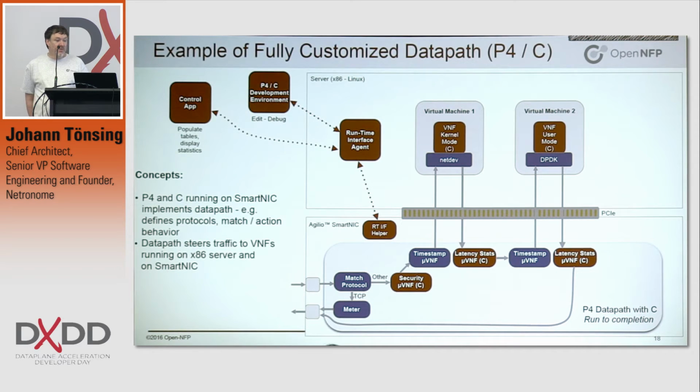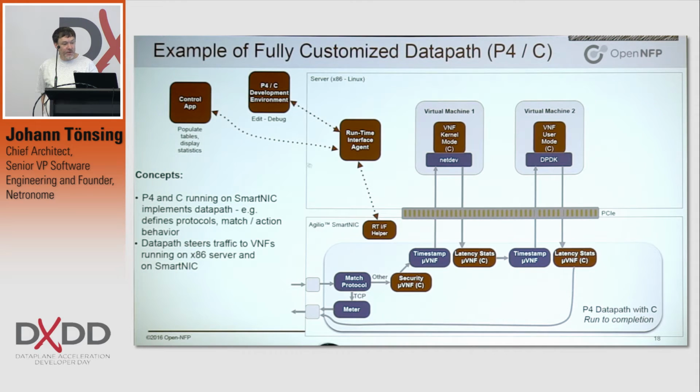So here's an example of a fully customized data path where the blue parts are written, for example, in P4, and the red parts were done in C. This is a demo we did.